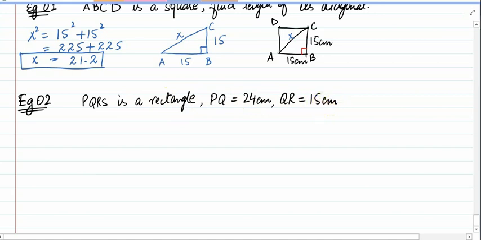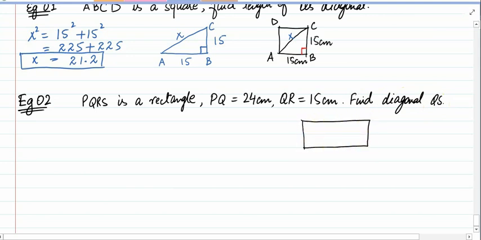Find the length of the diagonal QS. First step is always make a sketch.